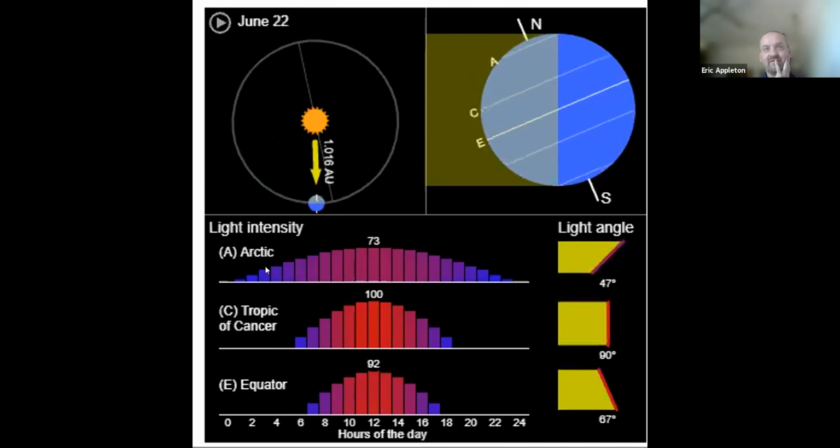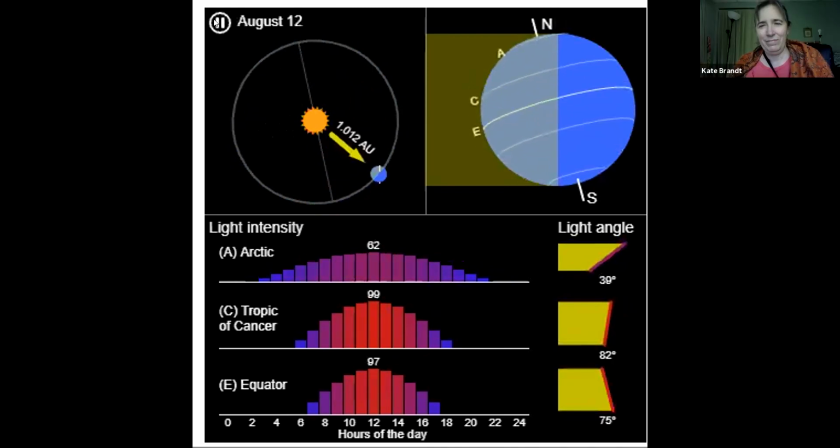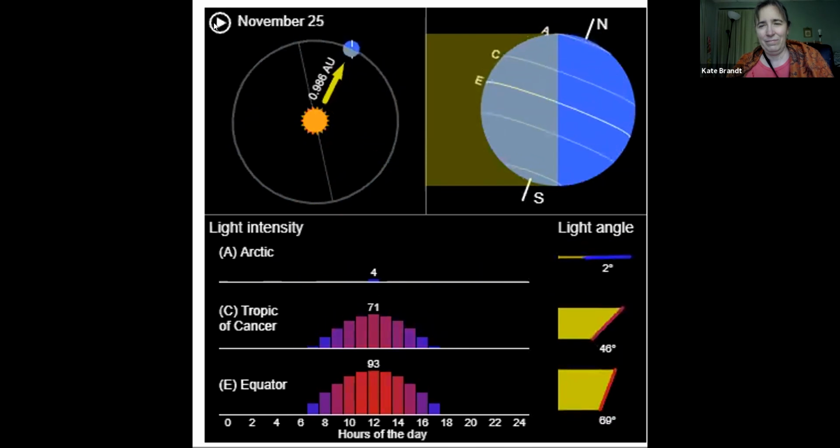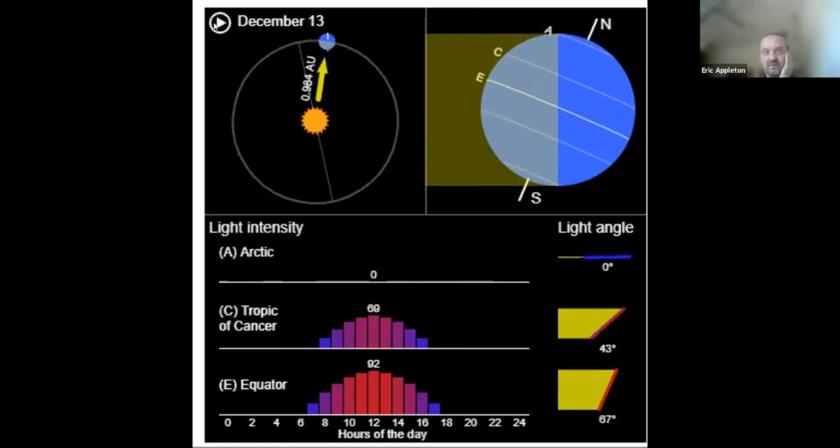In the summer, it's light. You can see the light intensity the whole day. And then when it gets around, it's down to nothing the whole day. It's interesting. Wow.